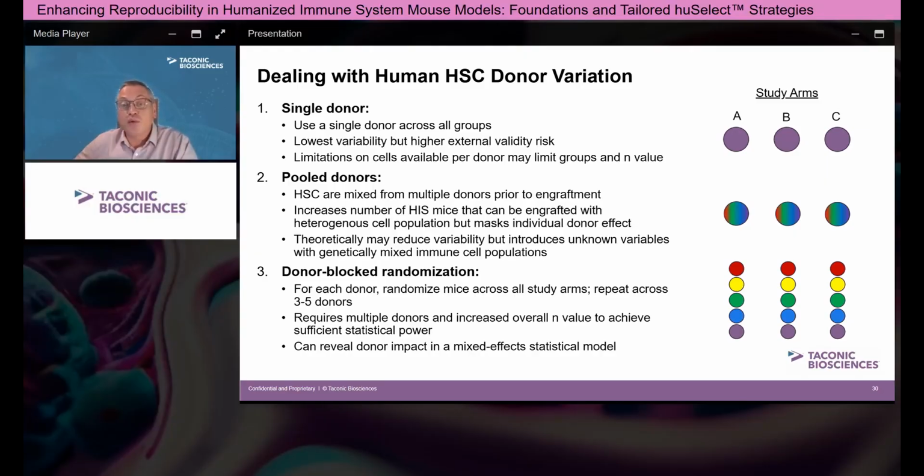Now, of course, this will require not only more donors, but more animals overall, typically, to achieve statistical power. But one advantage here is that this can enable you to detect a donor-specific impact using a mixed effects statistical model, which is quite handy in understanding variation amongst the therapeutic responses from different patients.